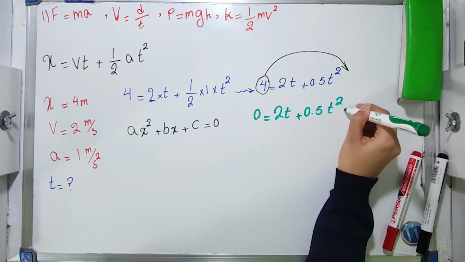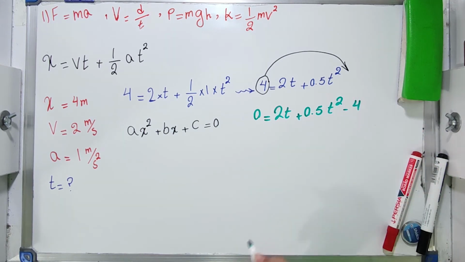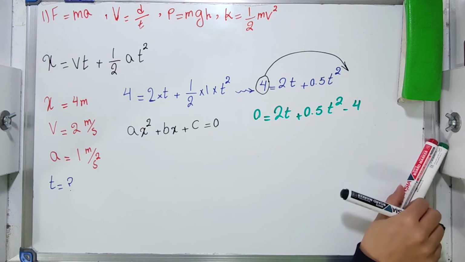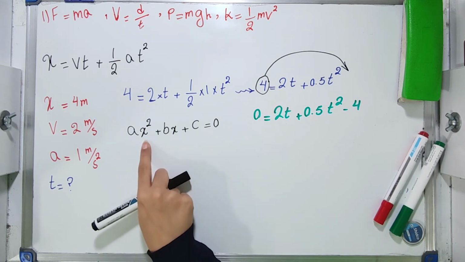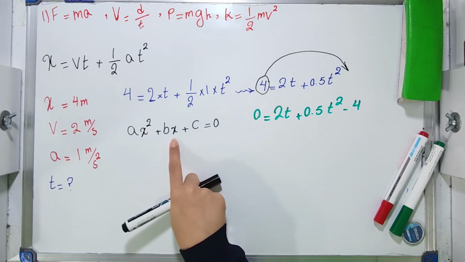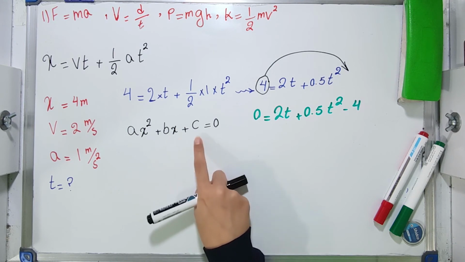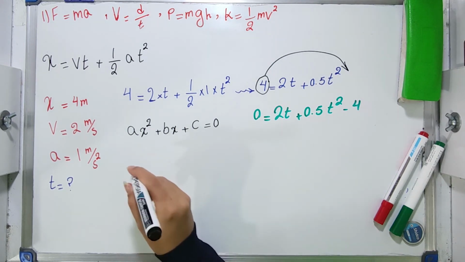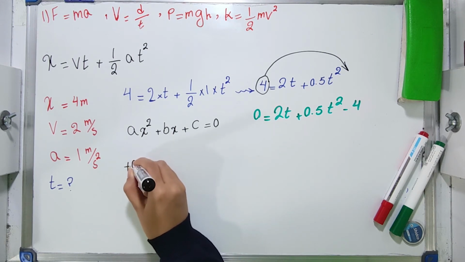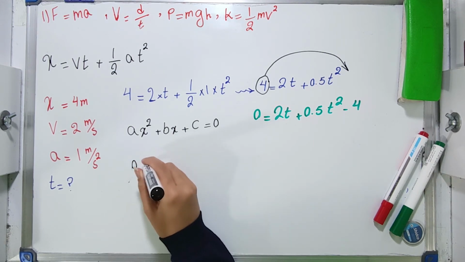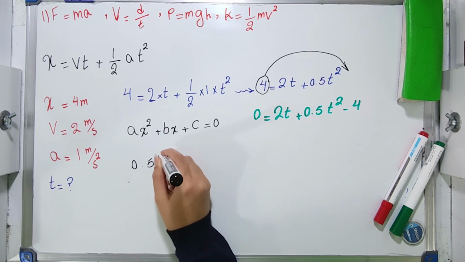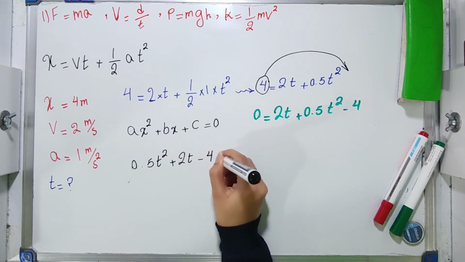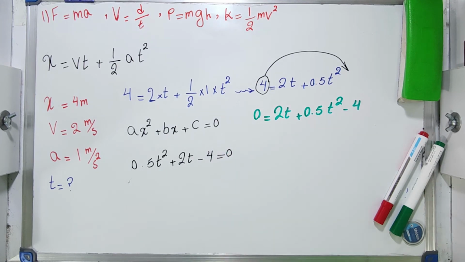T squared minus 4. Let me make it better: first t squared, then t, and then the number. So plus 2t minus 4 equal to 0.